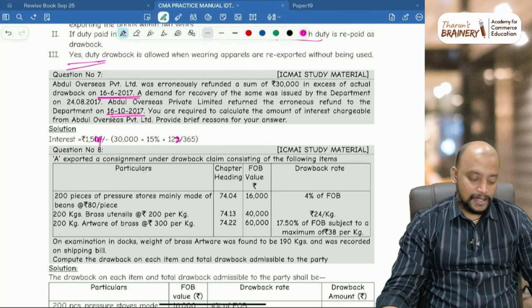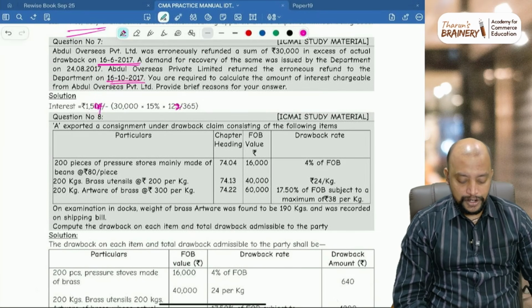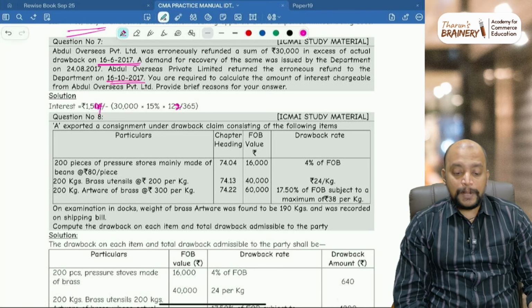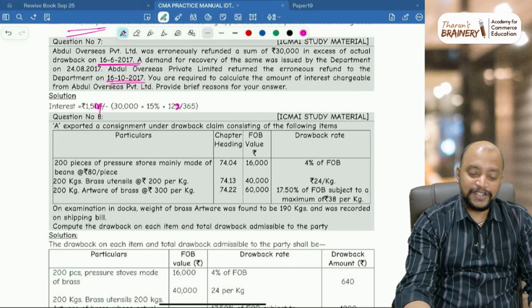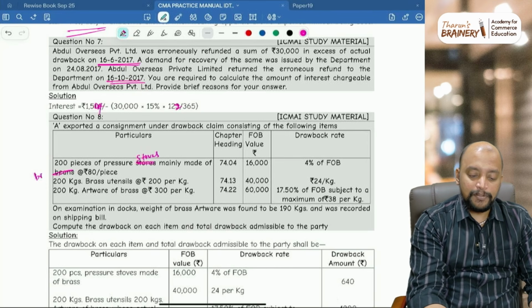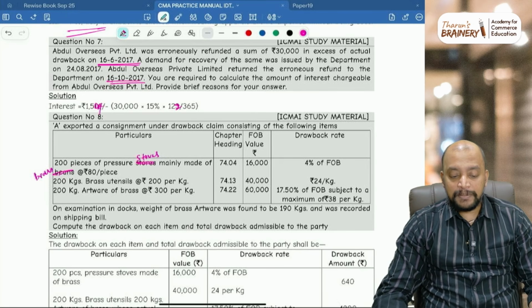Next, A exported a consignment under duty drawback claim consisting of the following items: 200 pieces of pressure stoves, mainly made up of brass, at 80 rupees per piece, and FOB value 16,000.